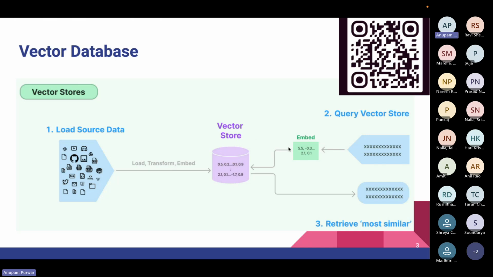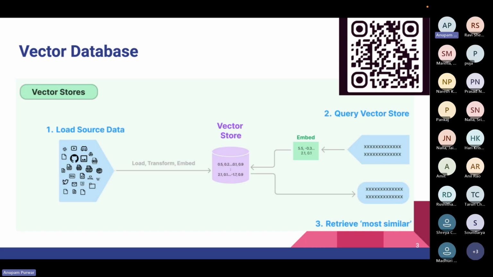Once it compares, whatever it finds as most similar, it is going to extract all those text chunks for which the vectors are similar with respect to the query. Now, what you will get here is a lot of chunks, right? You may find 10 chunks which are similar, or say you find 50 chunks which are similar.